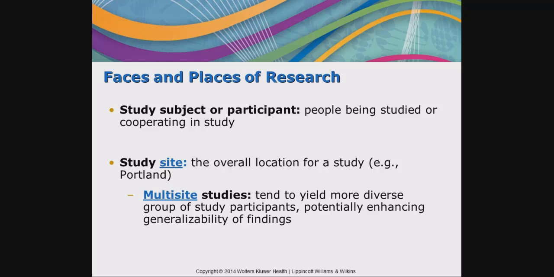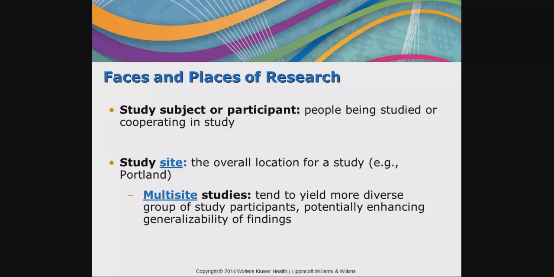Also know that the places of research are important as you are reading and dissecting research studies, because it is important where the study is conducted, the overall location, whether it's in Portland, Oregon, or whether it's in Bovina, Mississippi. That is going to impact your study and your study findings.